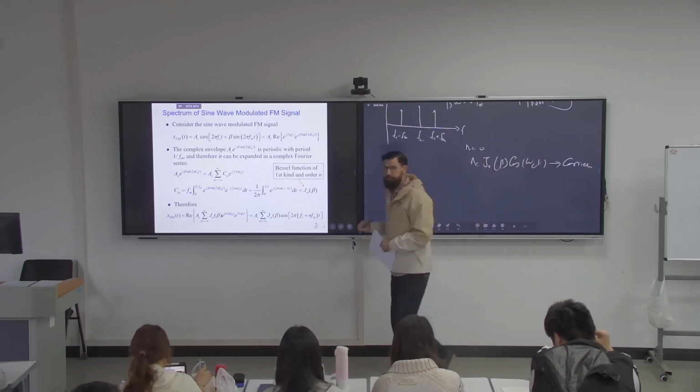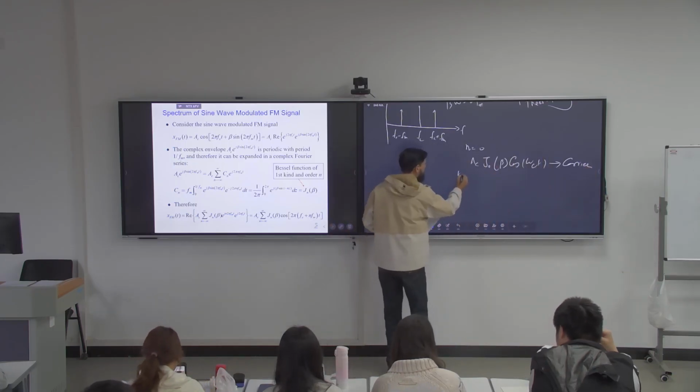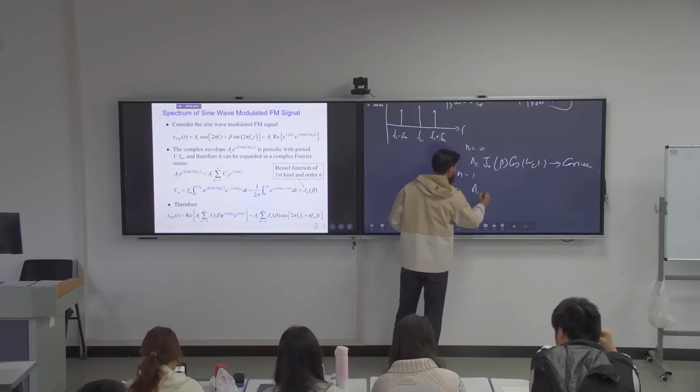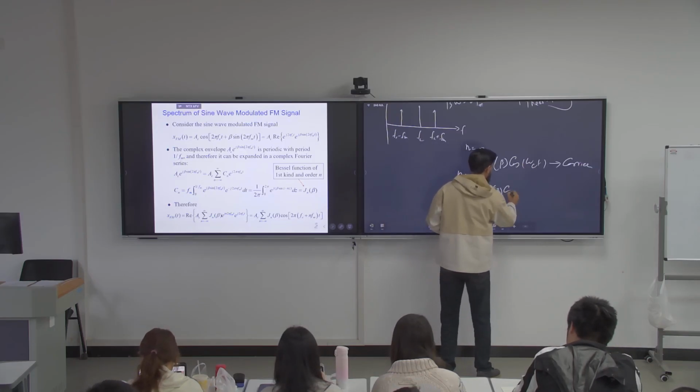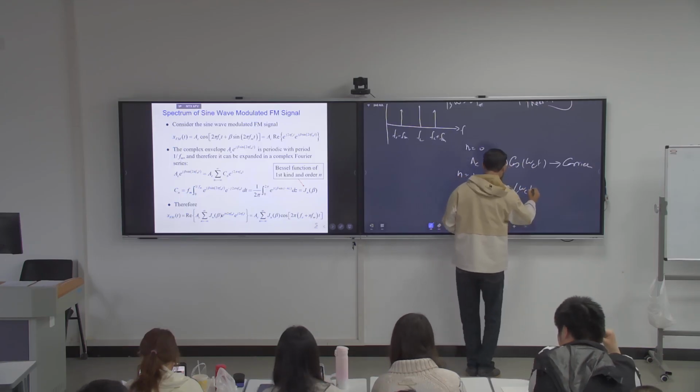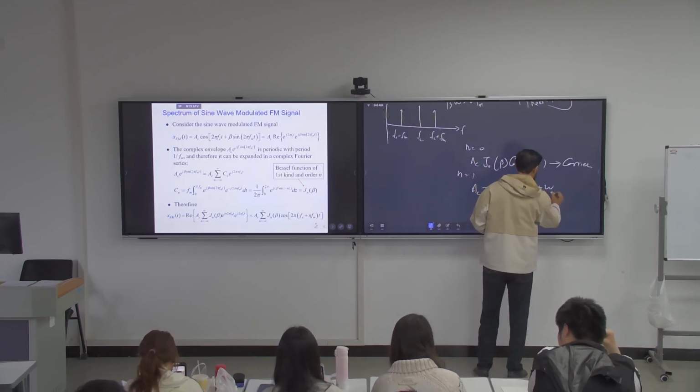This is the carrier. Now put n is equal to 1. If you put n is equal to 1, what do you get? AC J1 beta cos (omega c t plus omega m t), right?